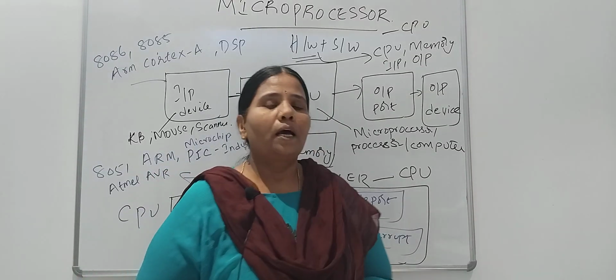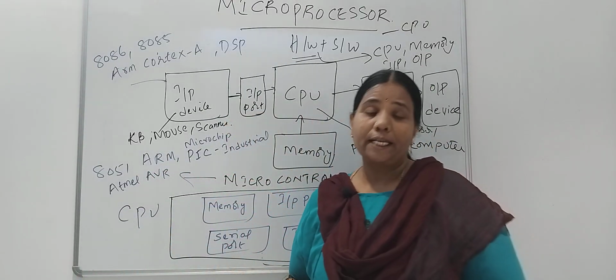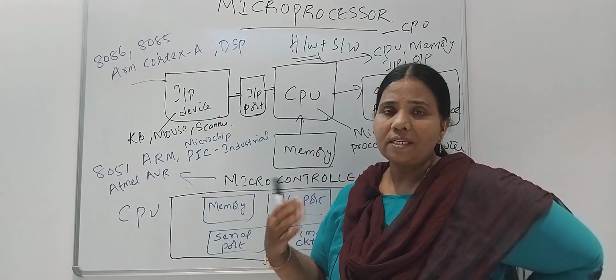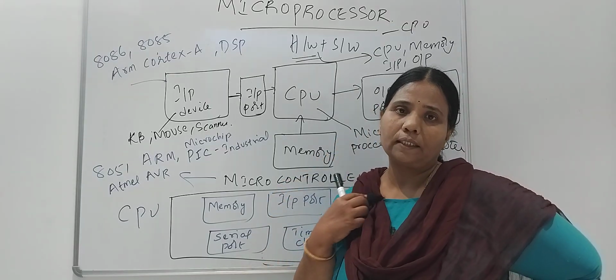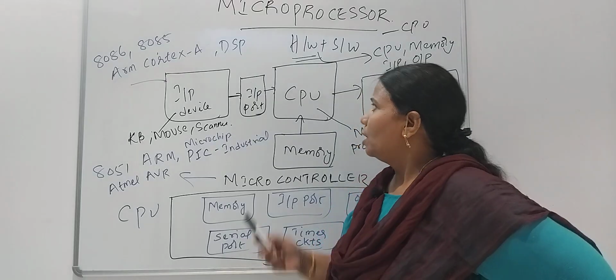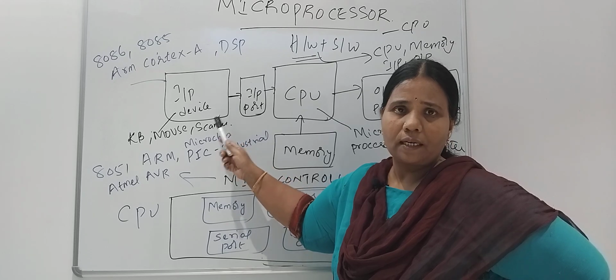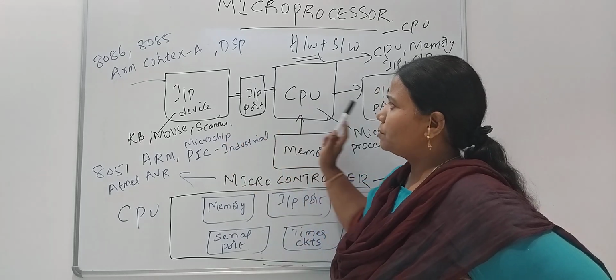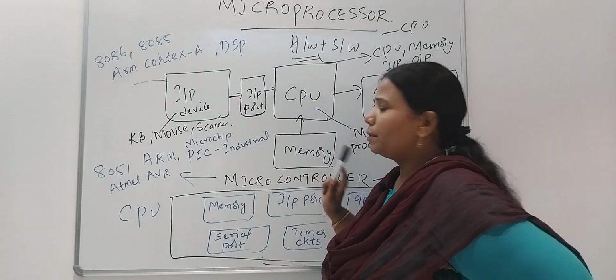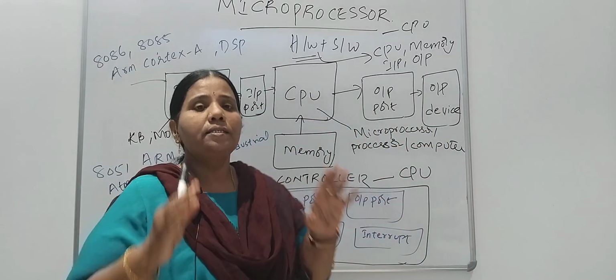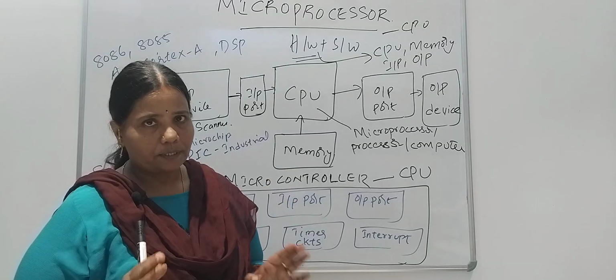In my last videos I have already explained how a computer system works; you can go to that video and check it out. Whenever the CPU is connected to external hardware circuits like the input port circuit, output port circuit and memory circuit, then that CPU is called a microprocessor.